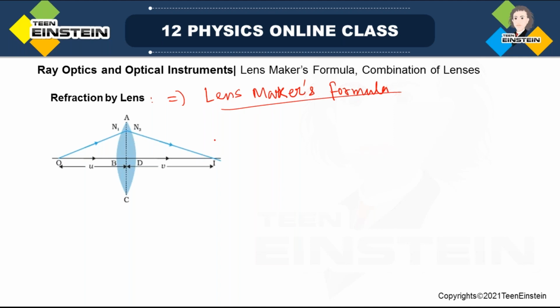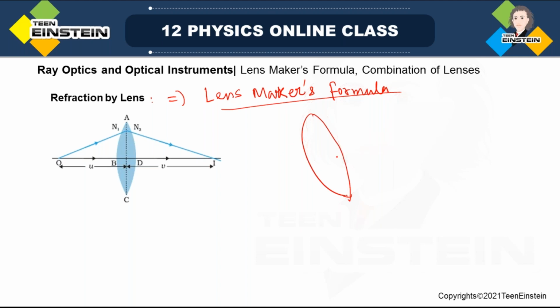In the previous class we discussed refraction at a spherical surface, and in that case only one spherical surface was there. But now we have two spherical surfaces which make a lens.